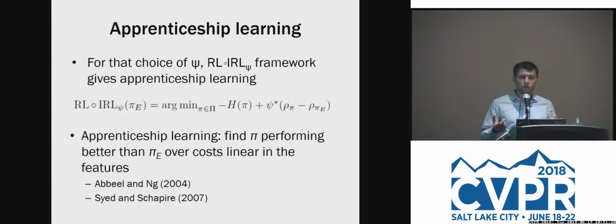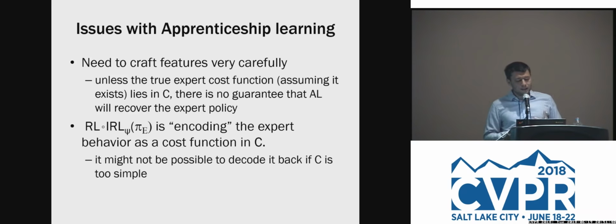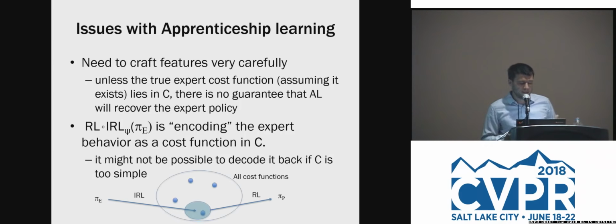So we see that if we choose this particular class of regularizers, we get back apprenticeship learning, which worked reasonably well. They managed to fly helicopters using it. But you need to be very, very careful in specifying the right features. Unless you get them right, the method might not work. It doesn't give you any guarantee. And intuitively, when you start with your demonstrations and solve the corresponding inverse reinforcement learning problem, you're basically encoding these demonstrations as a cost function.